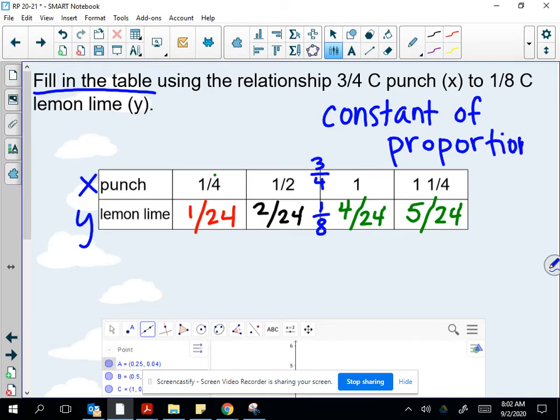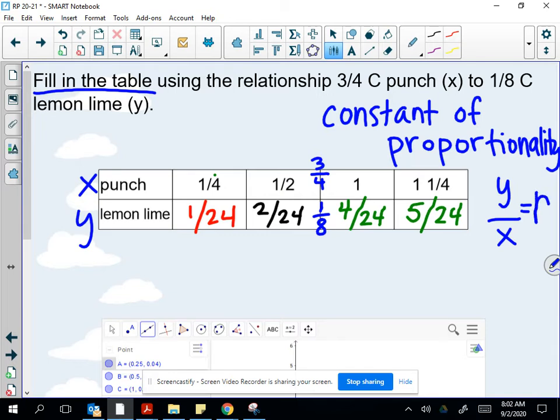Remember, the constant of proportionality is the ratio of the y values to the x values. And in a proportional relationship, it's going to equal the same number every time. So here, y over my x value is going to equal r.